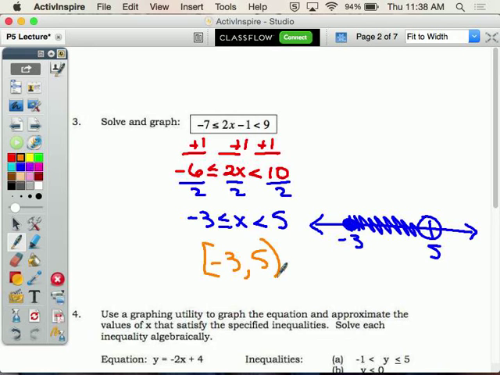And if you were graphing it, the graph looks almost exactly the same. You have the same two numbers. But now you have a bracket with the -3 and a parentheses with the 5, and you shade everything in between. So the solid dot became the bracket, and the open circle became the parentheses. Everything else is pretty much the same thing.